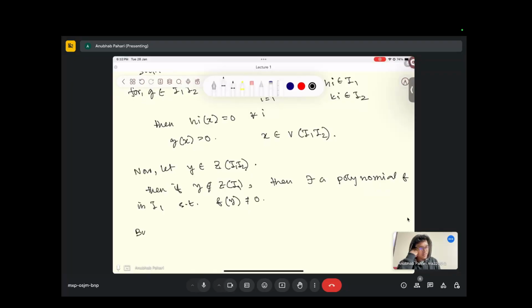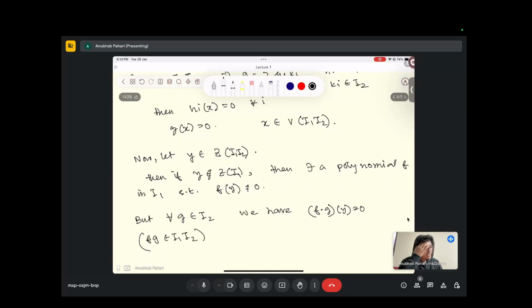But for all polynomials g in I2, we have f times g of y equals 0, because fg belongs to I1 I2 for all g, right?